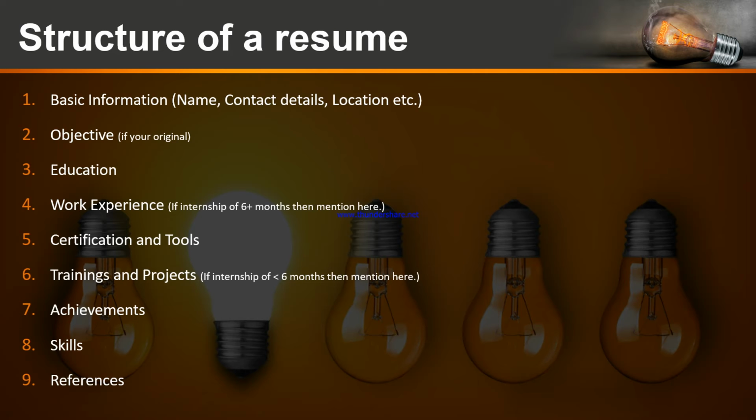So this is the difference which you should understand. That skill is the outcome of the certification. A skill is something intangible which is there inside you, whereas certifications and tools are basically the source of earning that skill.